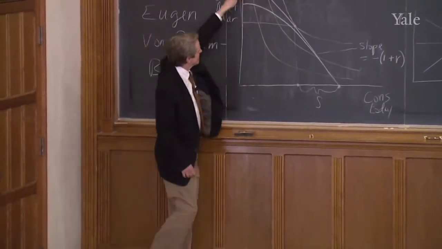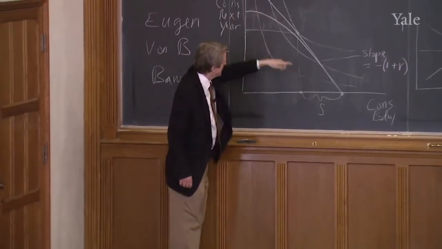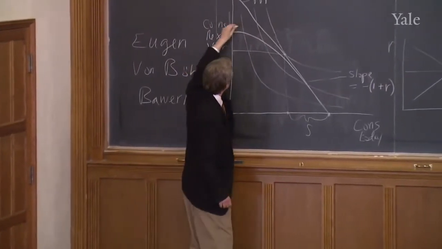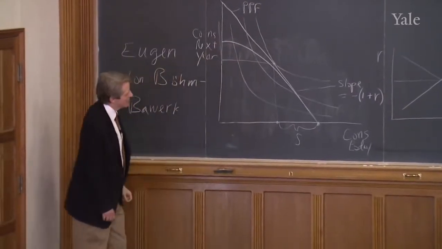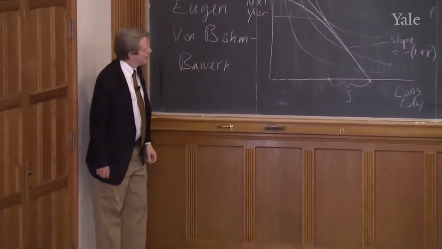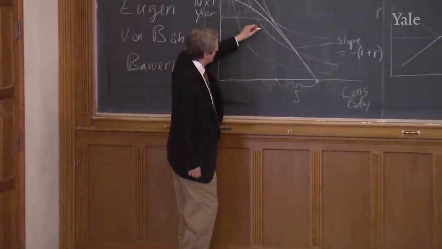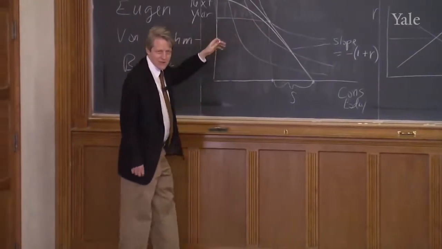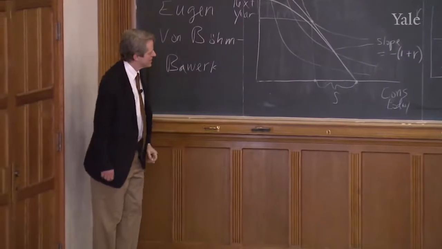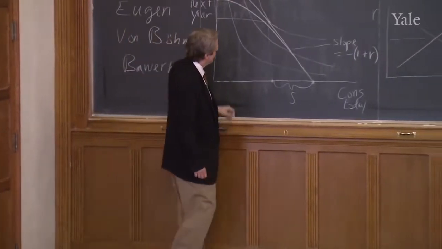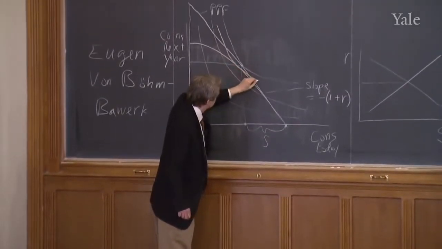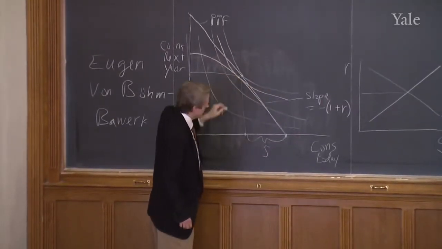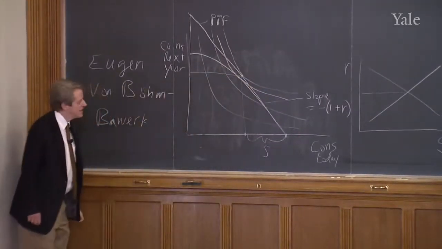Suppose, forget this straight line which I drew first, and now consider a new production possibility frontier that's curved downward. Well, what does Robinson Crusoe do? Well, Robinson Crusoe picks the highest indifference curve that touches this production possibility frontier. So that means he finds an indifference curve that's tangent to it. And he chooses that point.